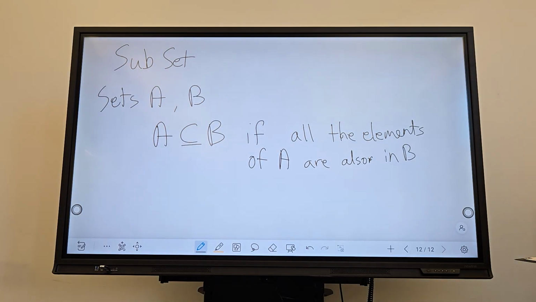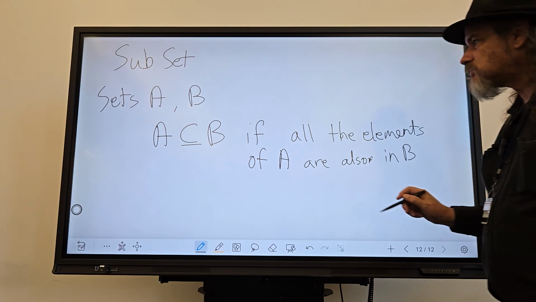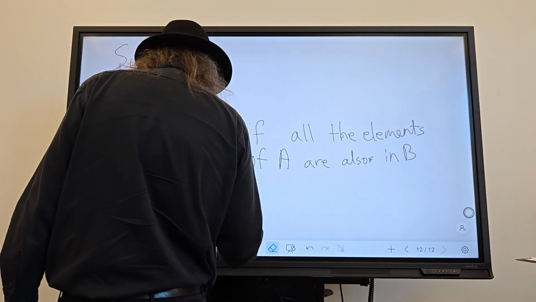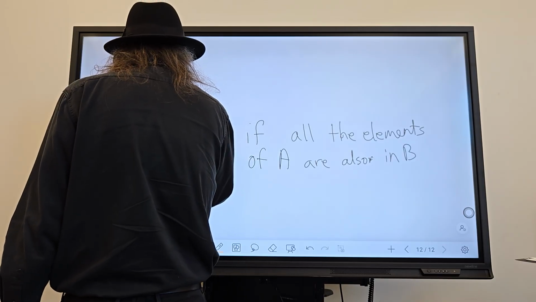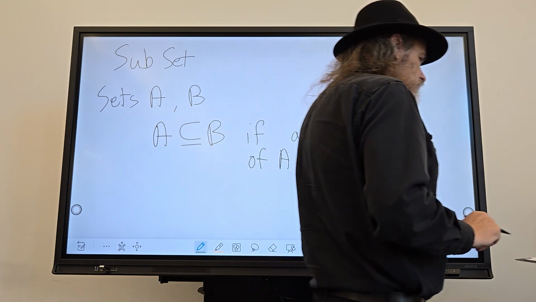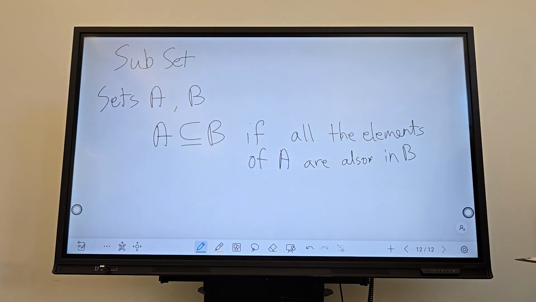Let me clean that up a little bit. It looks like a C, but it's a rotated U. That indicates that A is a subset of B if all the elements of A are also in B.